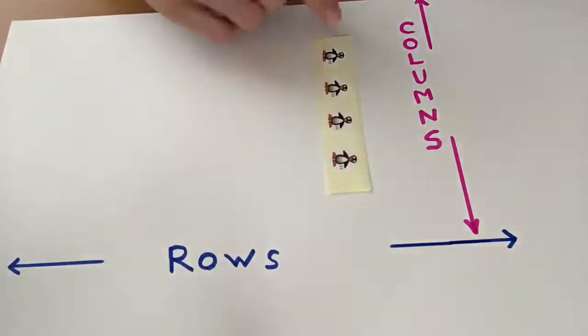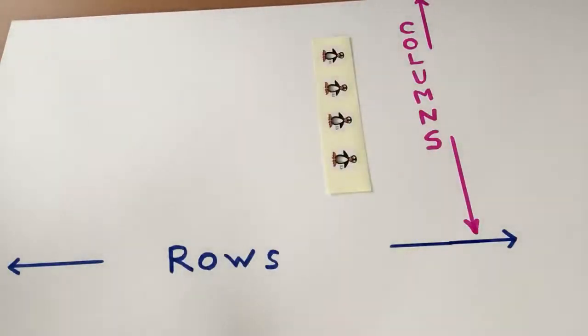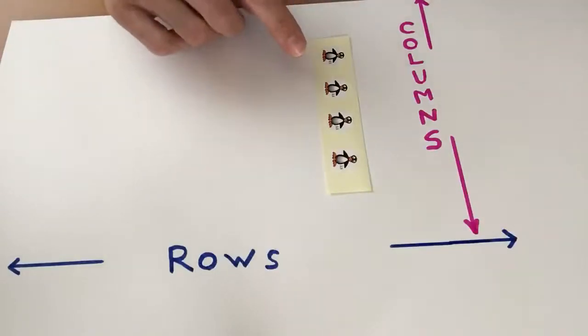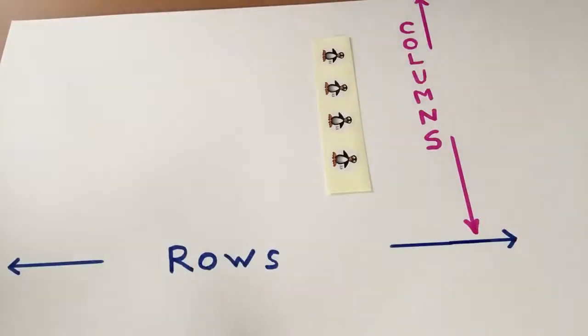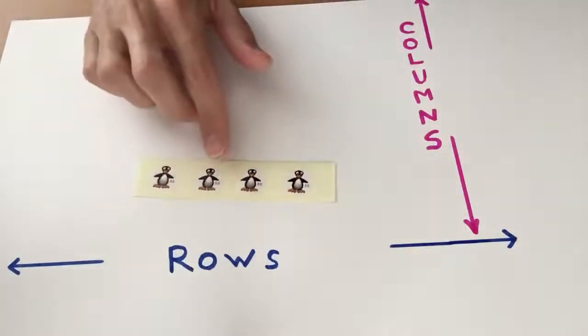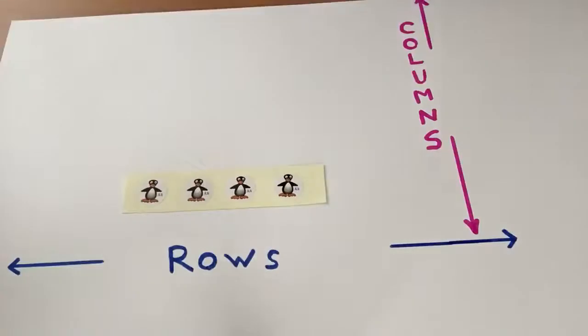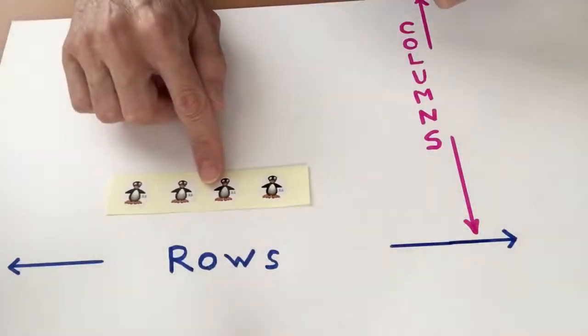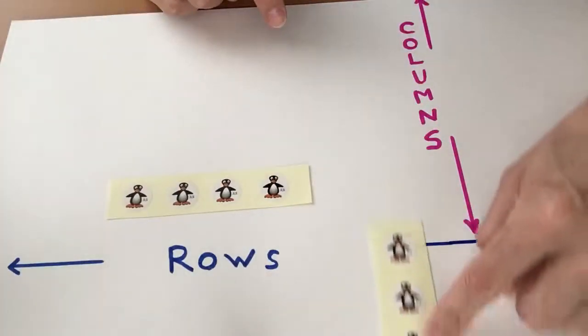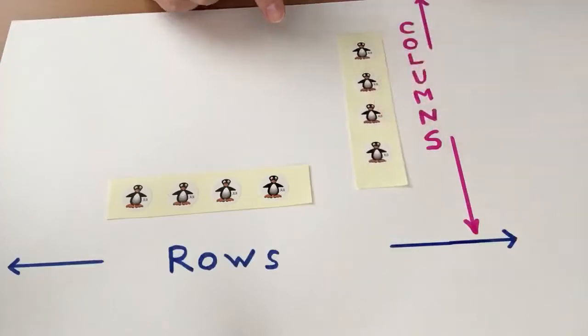Now it is a column. Some of you notice that the penguin is not right side up, but it doesn't matter. The important thing is that the stickers are one on top of the other. So now it is a column, and now it is a row. Okay, so that's one row, and this is one column.